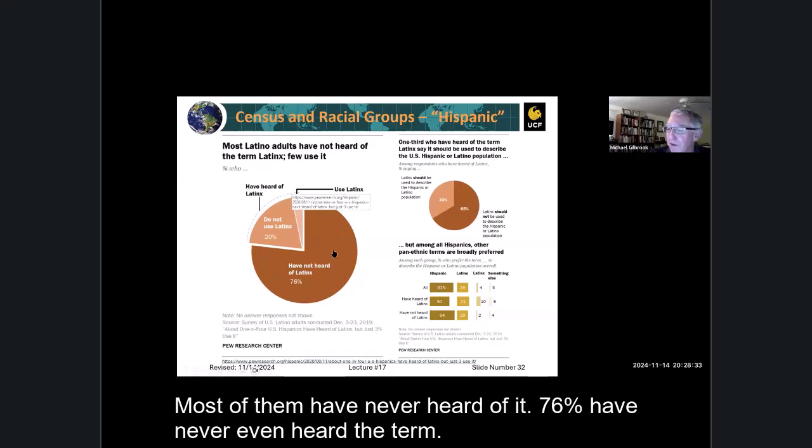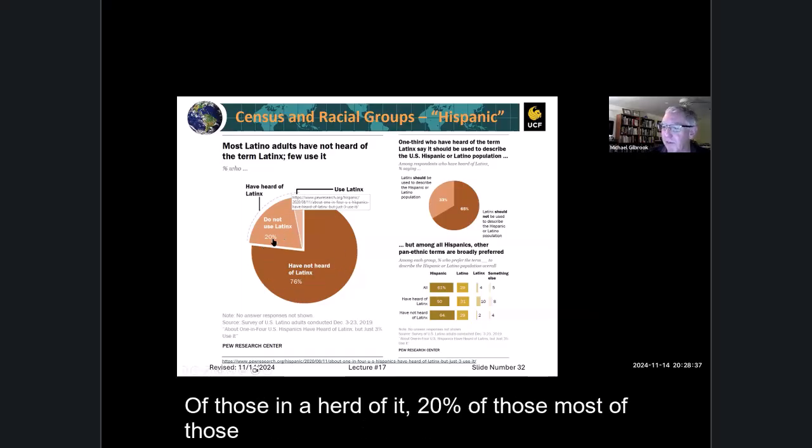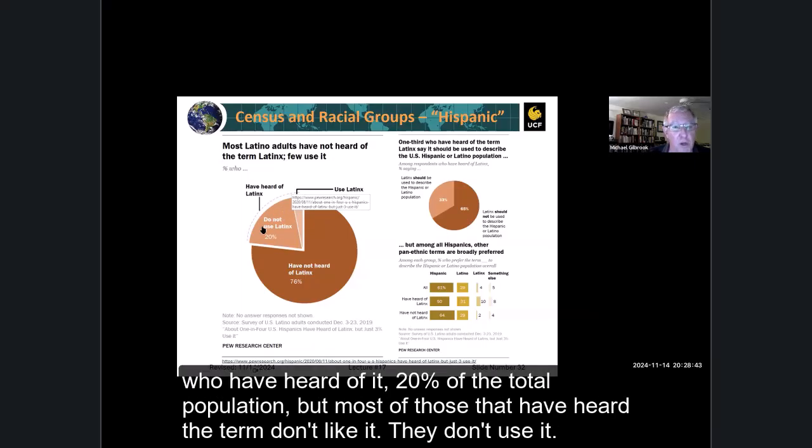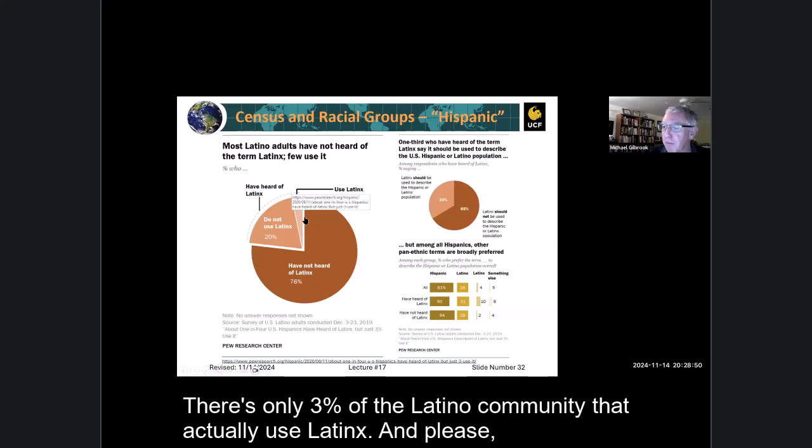Most of them have never heard of it. 76% have never even heard the term. Of those that have heard of it, 20% of the total population, most don't like it. They don't use it. Only 3% of the Latino community actually use Latinx.